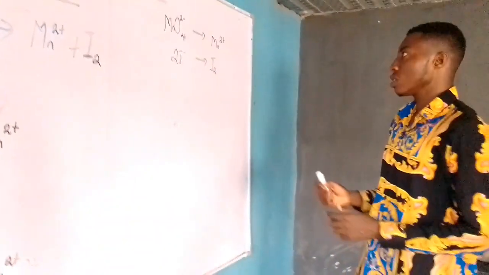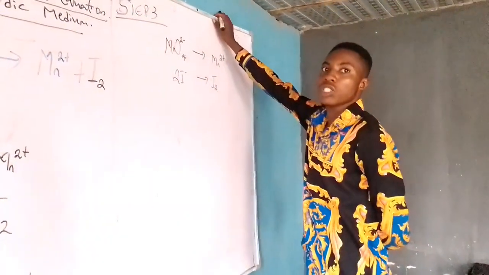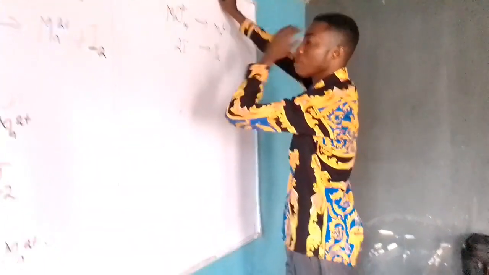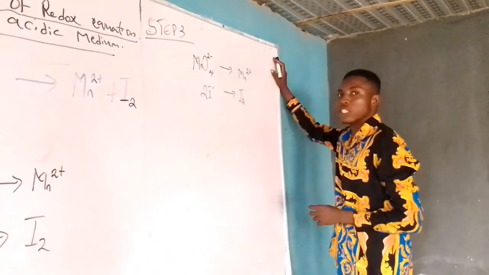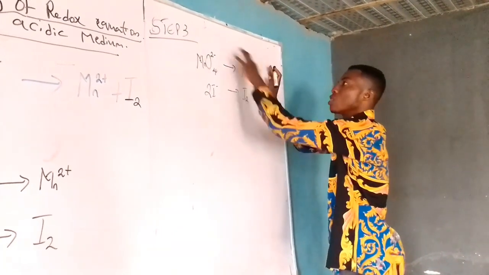Remember what I said in step 3: we balance oxygen by adding water. Where do we have oxygen here? In this particular question we had oxygen on this side, but we now have oxygen on this side. What are we going to do? We add water here in order to balance the oxygen.